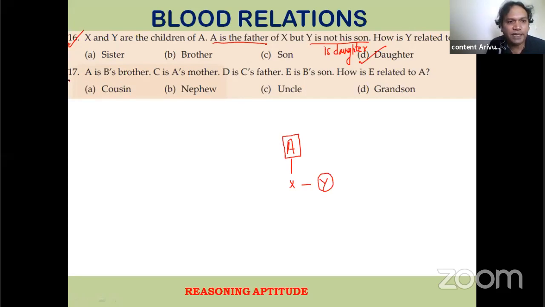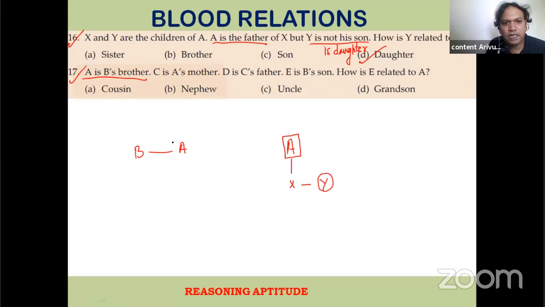And let's look at the 17th question here. Question number 17. A is B's brother. So first of all, you link B and A with a horizontal line.